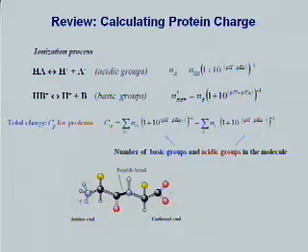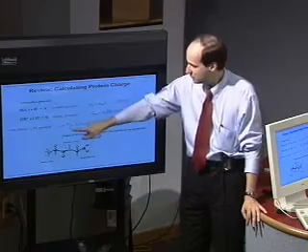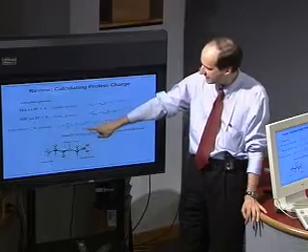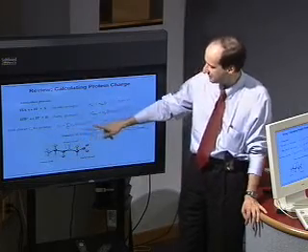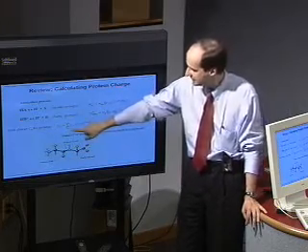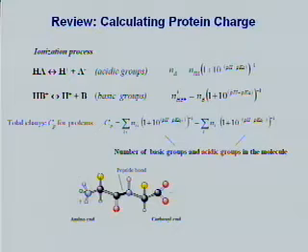Now, in order to calculate the total charge, you have to do the sum. I had made some errors in the indices when I had written this equation first. These are the exactly right indices. You have to sum over all positive groups, each group multiplied by this term here, pH minus pKa. And then you have to subtract the negatively charged groups, in the same expression.